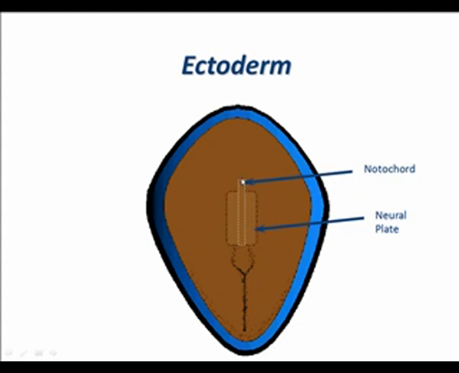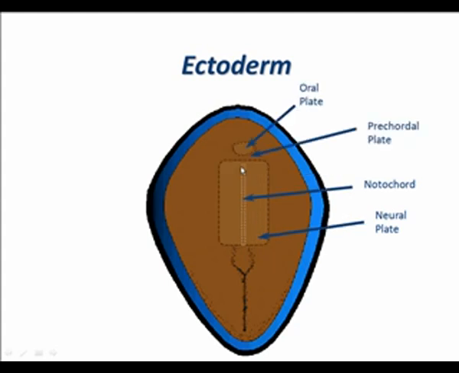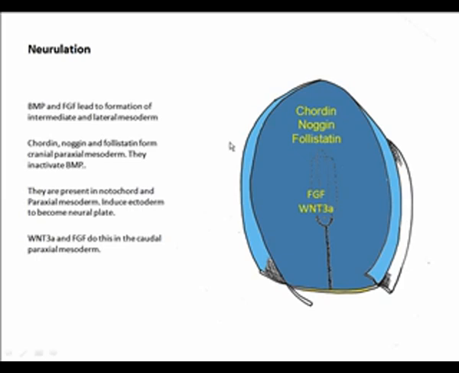It will continue moving in a cephalic direction until it reaches a level where there will be some intermediate mesoderm. This is called the prechordal plate, and then a region where ectoderm and endoderm meet without intervening mesoderm.